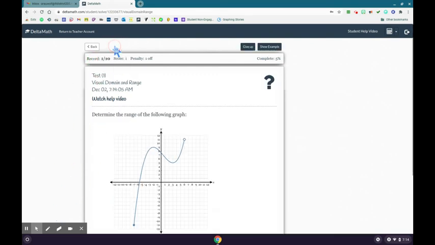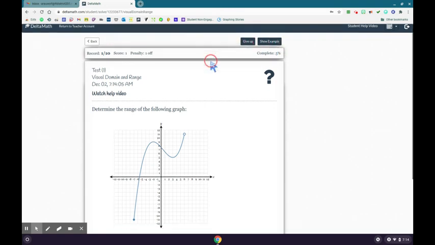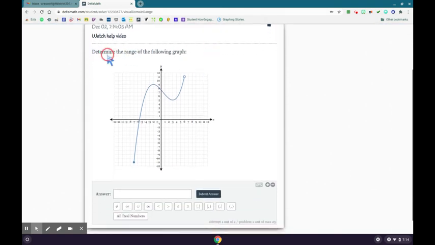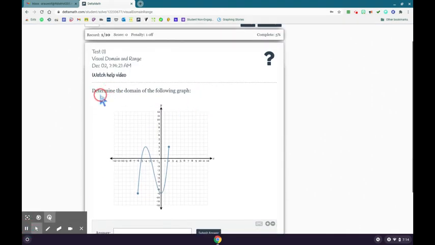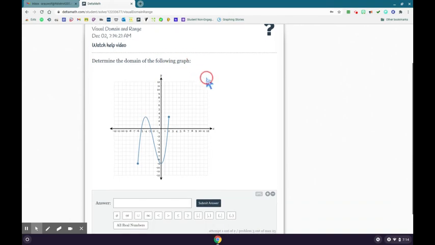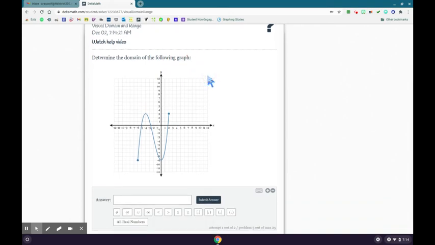Let's do one more. Let's see if they give me a domain. They do not. This says determine the range of the following graph. So let me see if I can find a domain for you. So here's one where it says determine the domain of the following graph. So remember, domain is from the left side of your graph, the leftmost side, all the way to the rightmost side.